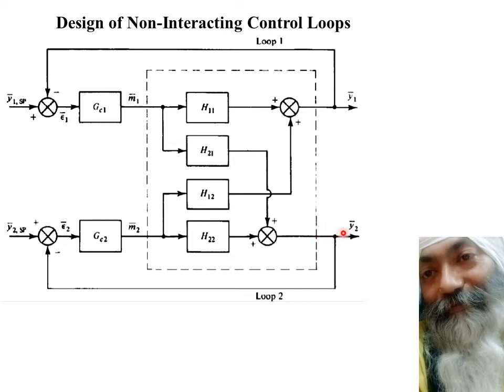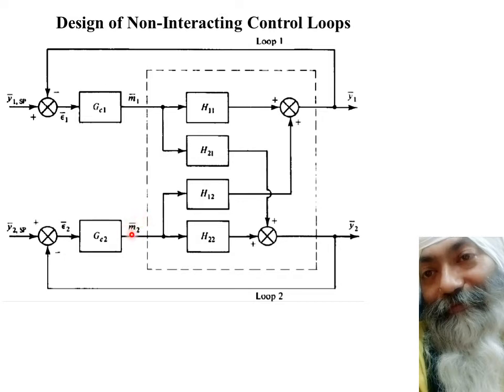So you can very well say that m1 is a kind of disturbance as far as y2 is concerned. So this y2 gets disturbed, and it gives the feedback to the controller Gc2, and it changes m2 to bring y2 back to its original point.